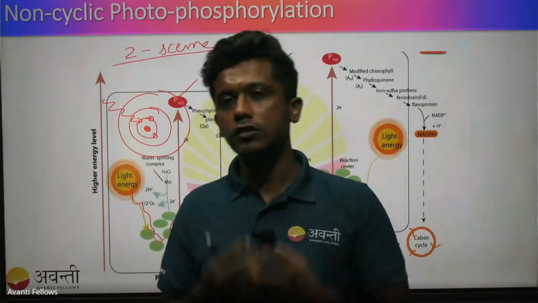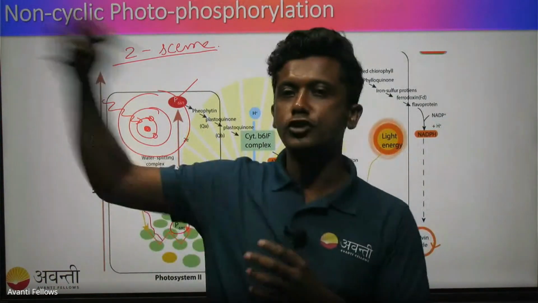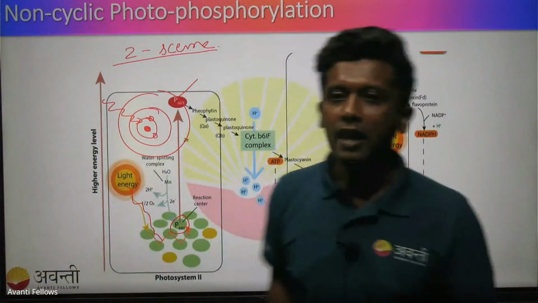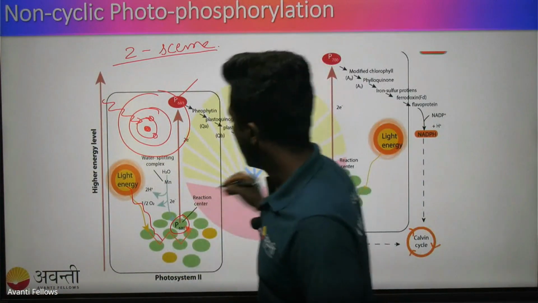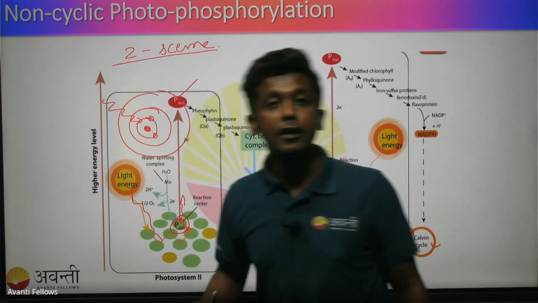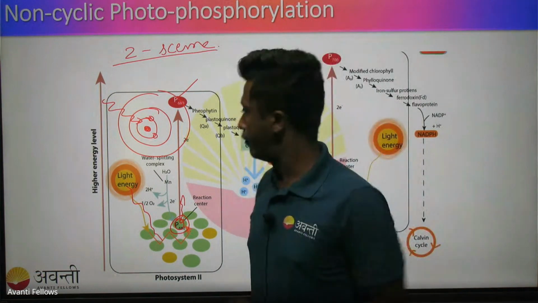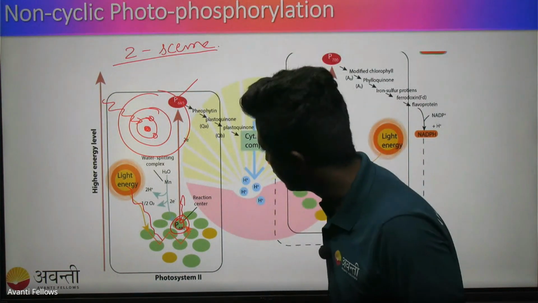Whenever the electrons receive more energy, they get excited and jump to higher orbits. As they jump, the electrons move out of their orbits, and these electrons are taken advantage of. How are they taken advantage of?